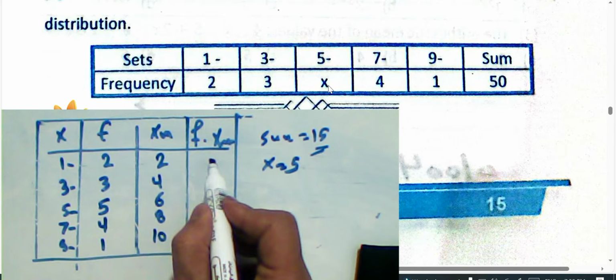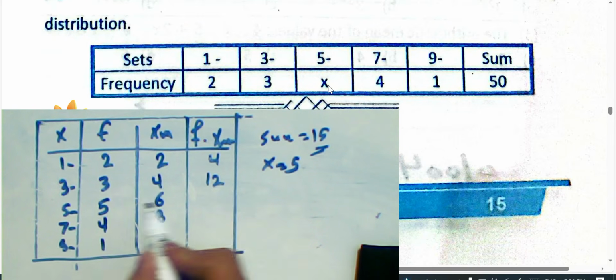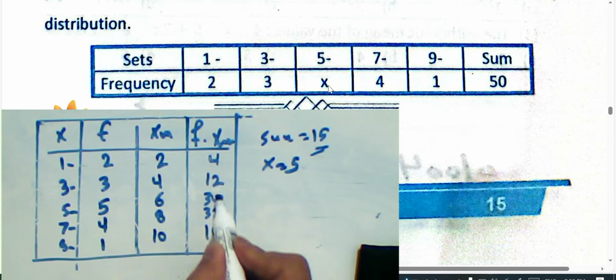And the products: 2 times 2 is 4, 3 times 4 is 12, 5 times 6 is 30, 4 times 8 is 32, 1 times 10 equals 10.